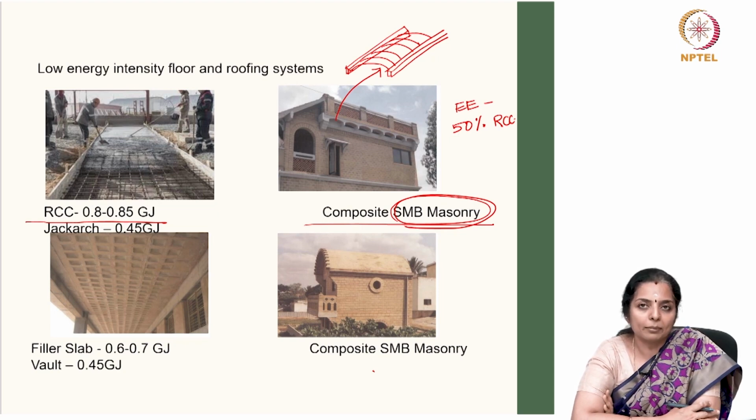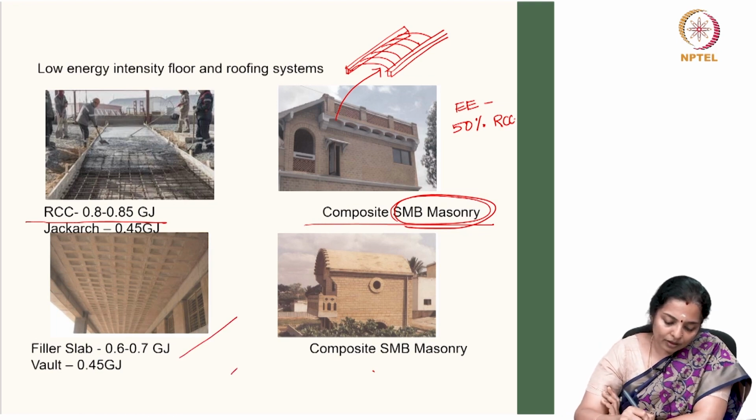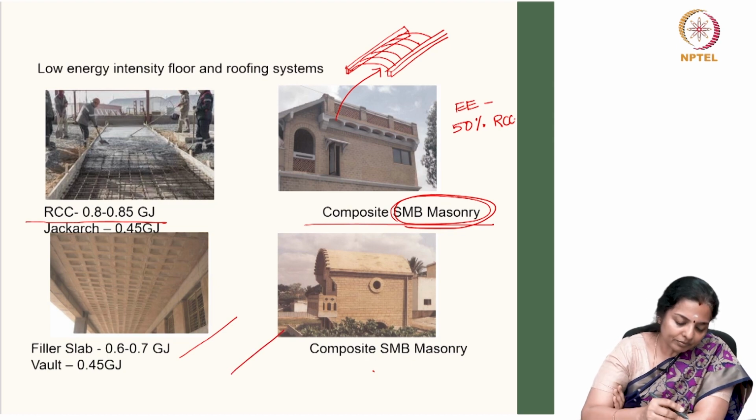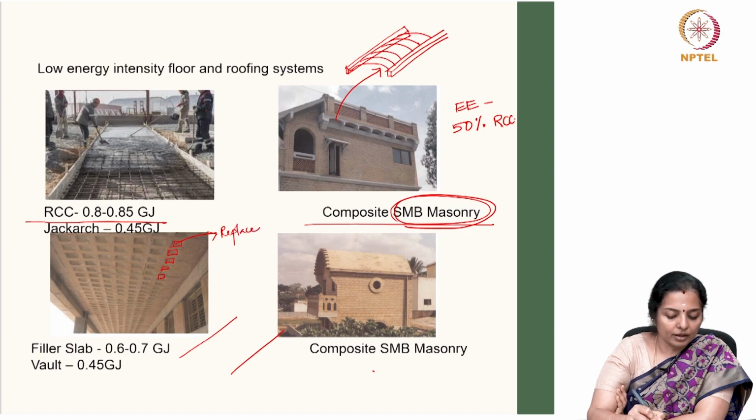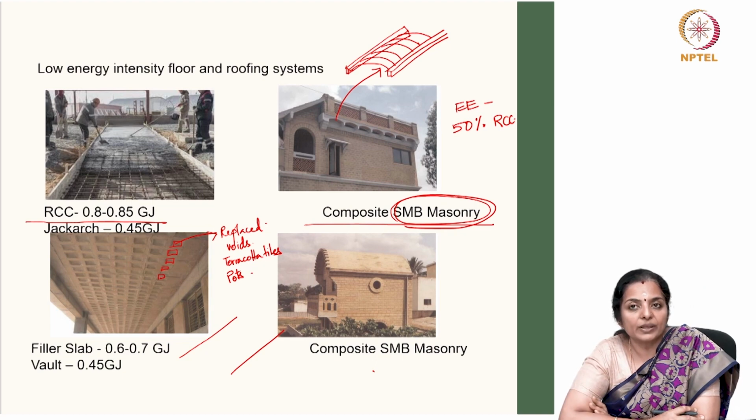Let us now look at the filler slabs. What is a filler slab? Filler slab roofs are basically solid reinforced concrete slabs with partial placement of the concrete in the tension zone by a filler material. The filler material could be something cheaper or lighter. So, what happens is, when you have a roof like this as shown here, some parts of the RCC is scooped out or replaced with either voids or terracotta tiles or pots, etc. It can be replaced with anything.